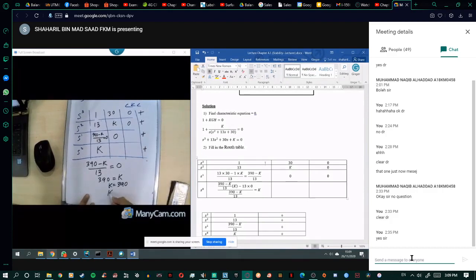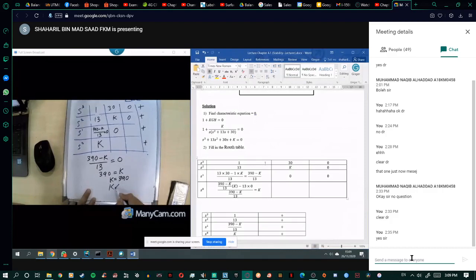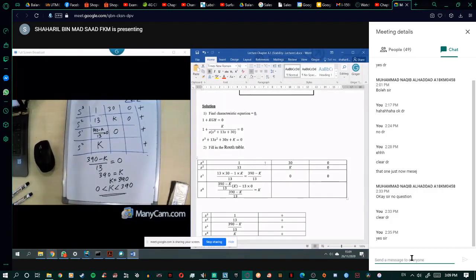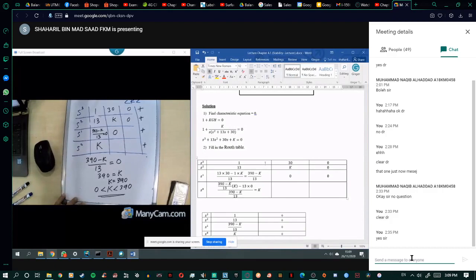So for the varying of k, k is less than 390 and can be more than 0. Okay, right? Can you get it? Yes, sir. Okay, so if I say that k equal to 0, k equal to 0, we also can accept it.